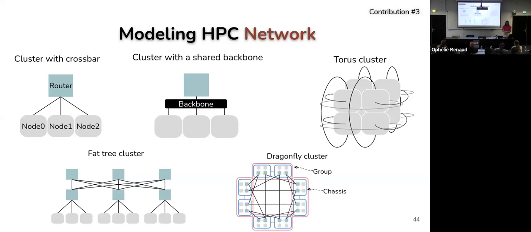And an alternative to fat-tree is the Dragonfly cluster, which reduces the surface area and the machine cost, and is characterized by groups of nodes.